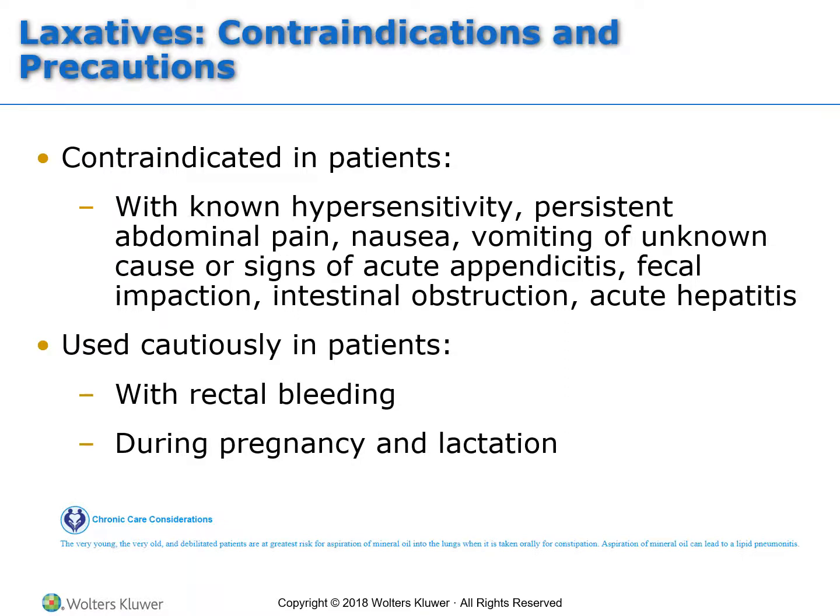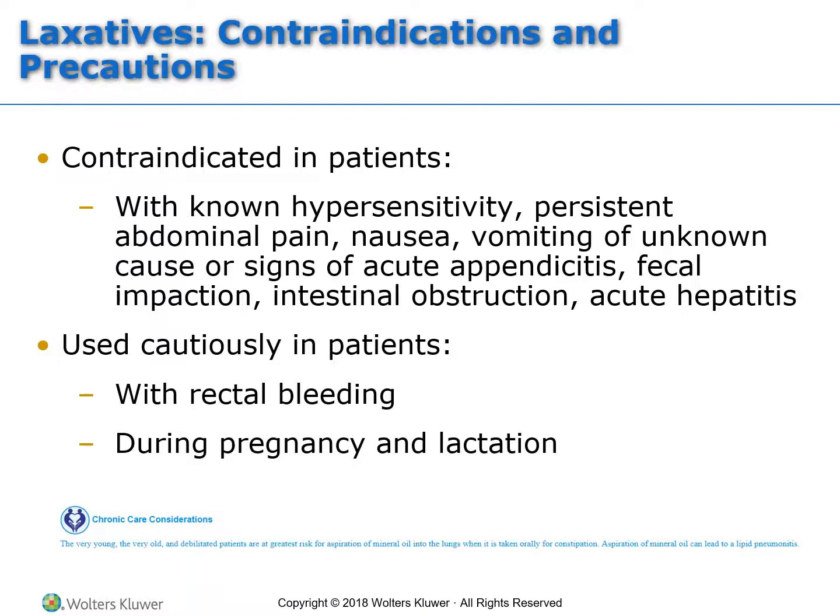Fecal impaction. Again, sometimes we will use something like lactulose or even Miralax to help that fecal impaction perhaps pass, but that's just going to be in a partial obstruction where we know it's fecal material.